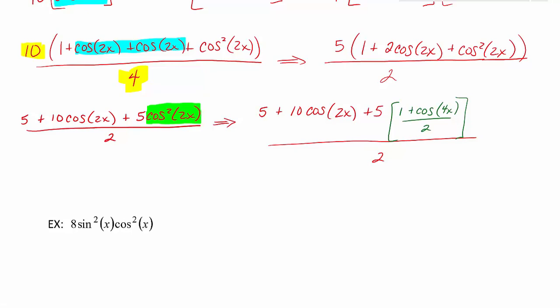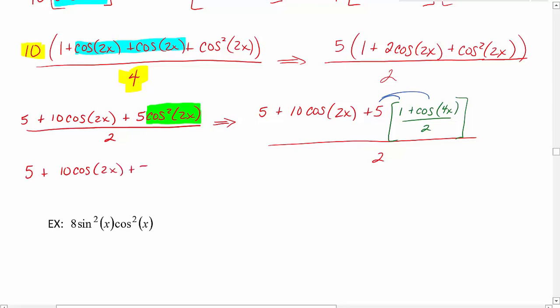I'm going to again distribute the 5. 5 plus 10 cosine of 2x plus 5 plus 5 cosine of 4x. And just this part is over 2, but then all of this is also over 2. And now we want to simplify this complex fraction, multiplying by 2 everywhere.